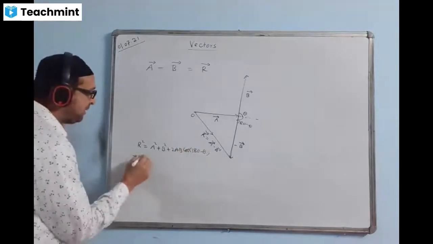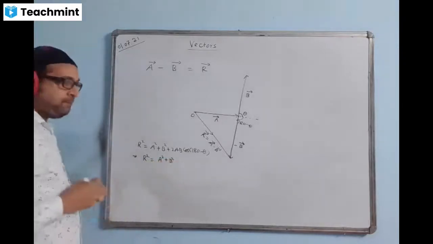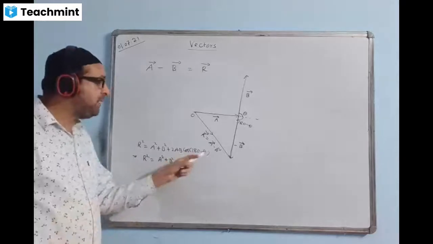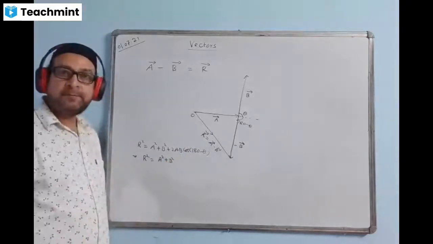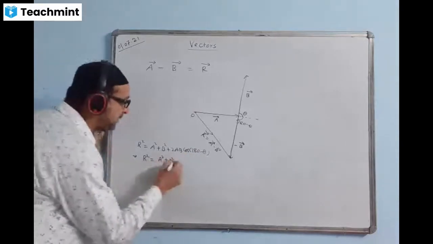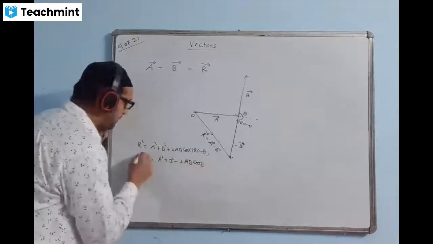And the next line is R square is equal to A square plus B square. There is a formula in trigonometry that cos 180 minus theta is minus cos theta. This will give the answer minus cos theta, plus times minus becomes minus. So your answer will become minus 2AB cos theta.